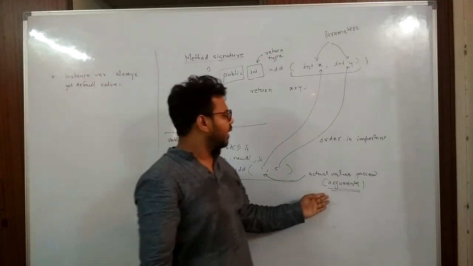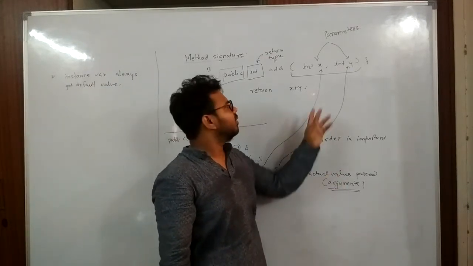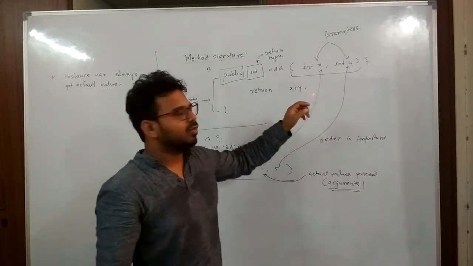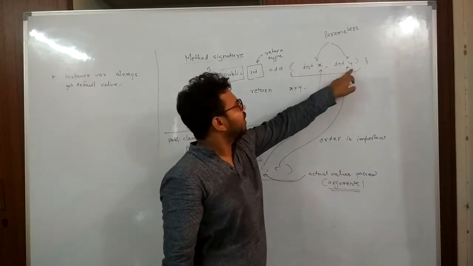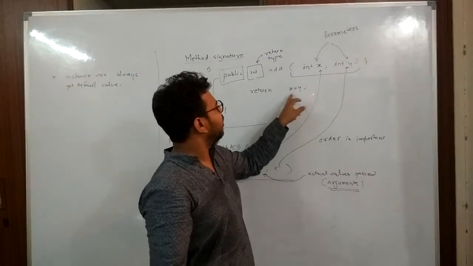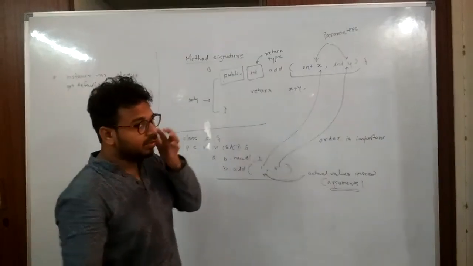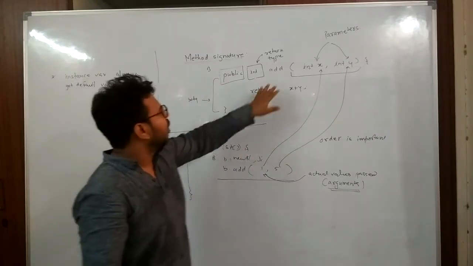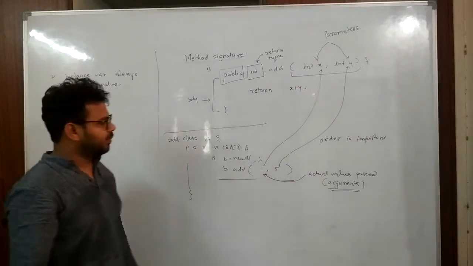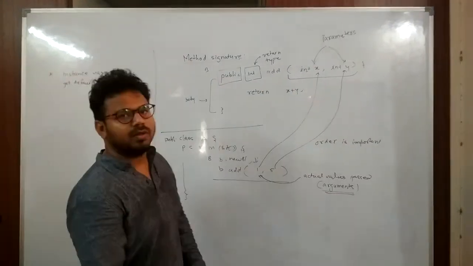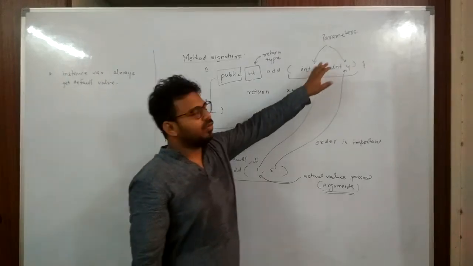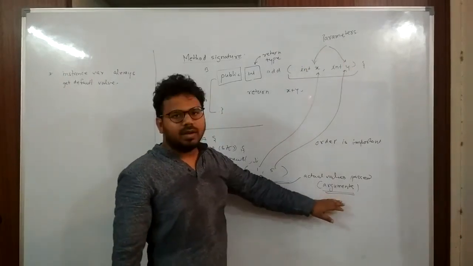So these 1 and 5 are arguments to the add method. 1 comes here and 5 comes here, and 1 plus 5 we got 6 as the return value of this add method. I think you got the concept of parameters and arguments.